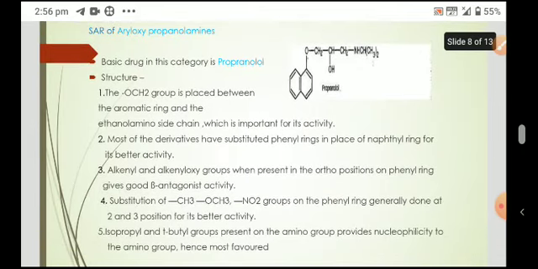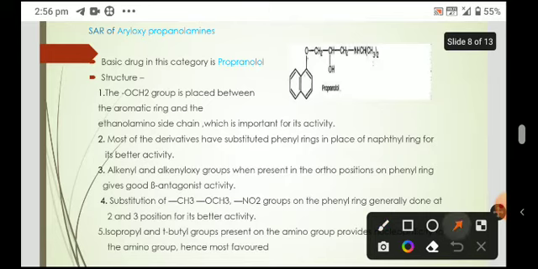So under this, the basic drug for this category is propranolol. The structure is as I have shown here. After this, we will see its SAR.